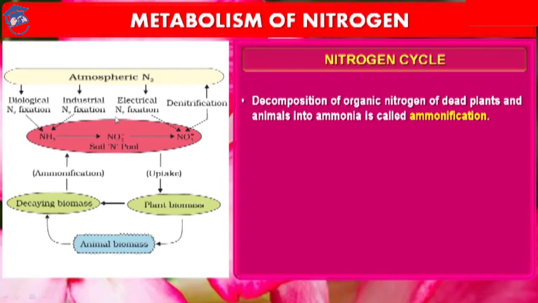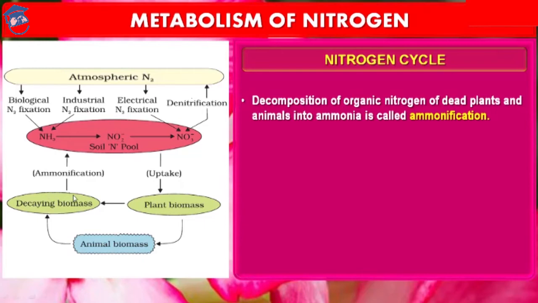So electrical nitrogen fixation and denitrification convert it into nitrate form. Nitrate is taken up by the plant biomass, and then when a plant or any animal dies and decays, fungi and some bacteria help in the decaying process.